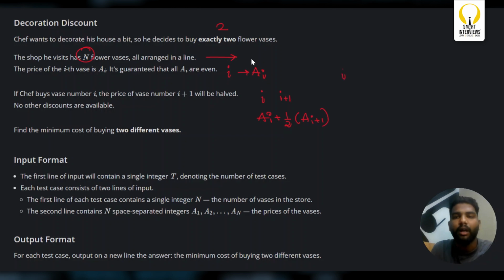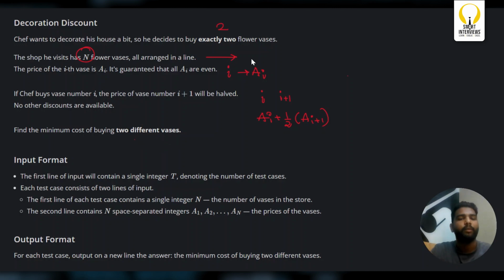If you buy the ith flower vase and the (i plus k)th flower vase, where k is not equal to 1, then you're not going to have a discount. Only if you buy adjacent flower vases, you're going to have a discount. So our task is to find the minimum cost to buy two different flower vases.